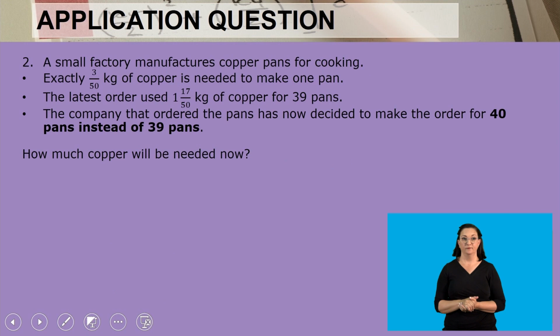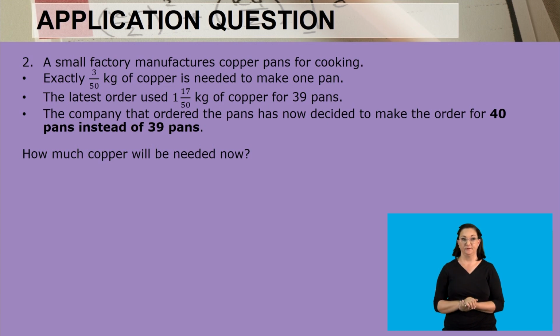So number 2, we are still in that small factory. It manufactures copper pans for cooking. Exactly 3/50 of kg of copper is needed to make 1 pan. The latest order used 1 17/50 kg of copper for 39 pans.